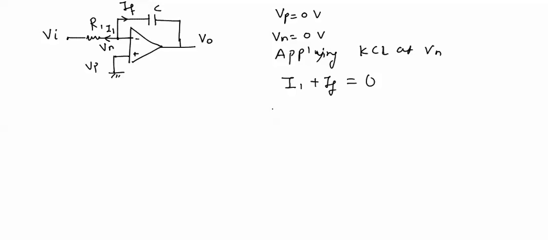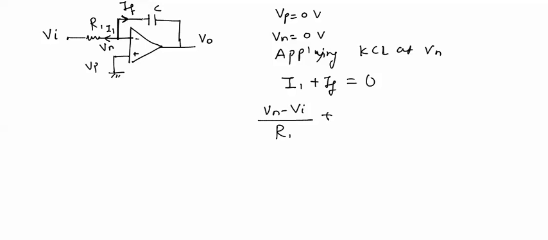Now I1 can be substituted as Vn minus Vi, seeing the direction, divided by R1 plus IF. Note that this current IF is a current of capacitor, and before writing the equation for capacitor current we will give the polarity to the voltage across the capacitor.